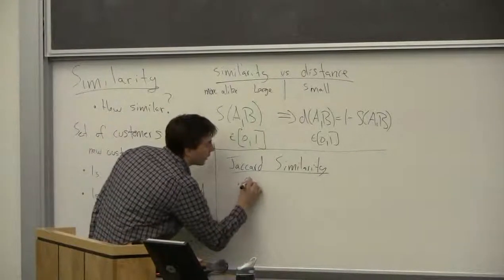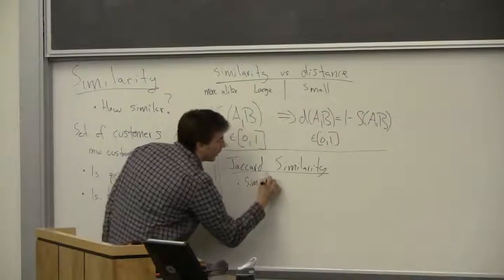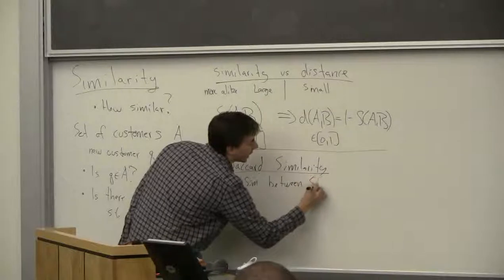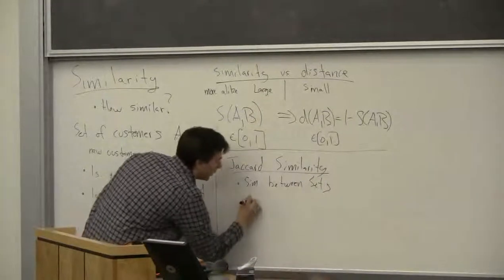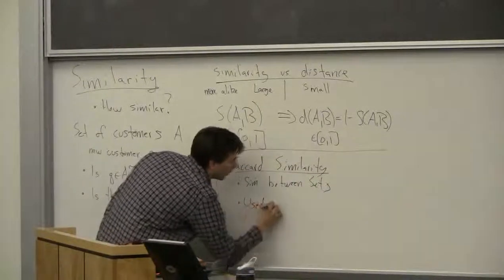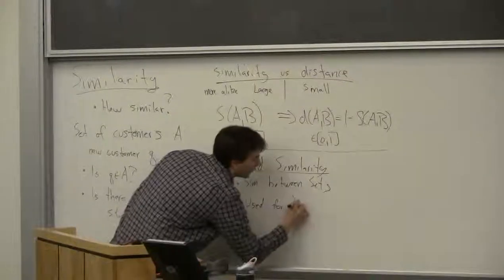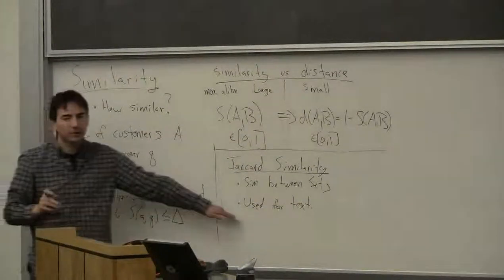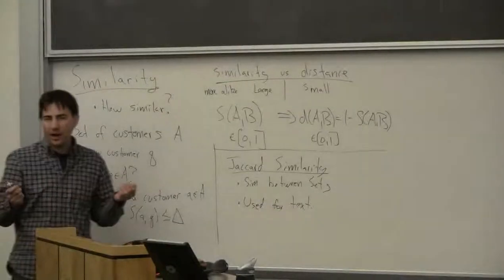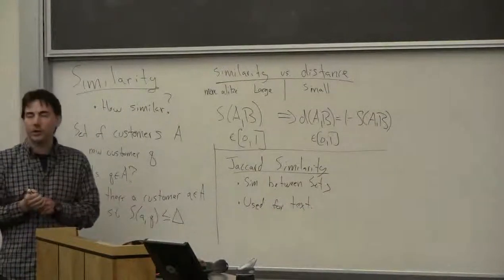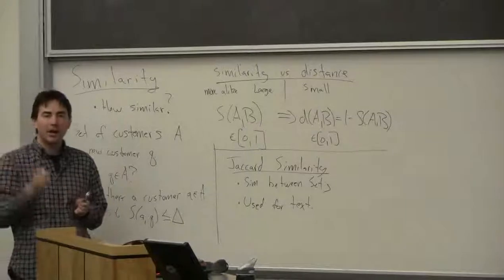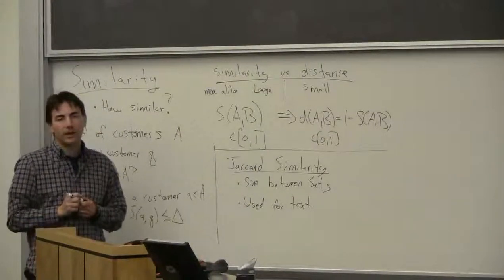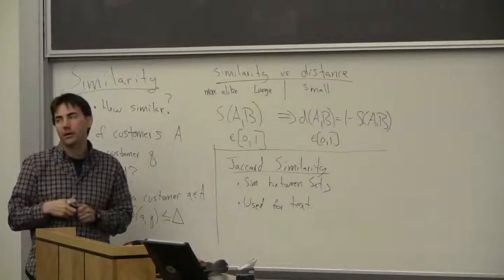So this is a similarity between sets, and so it's often used for text. What are some of the uses for text? Say you're getting email, and you want to determine whether the email coming in is spam.